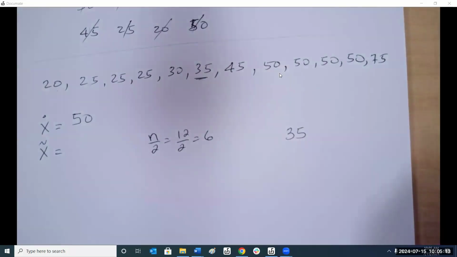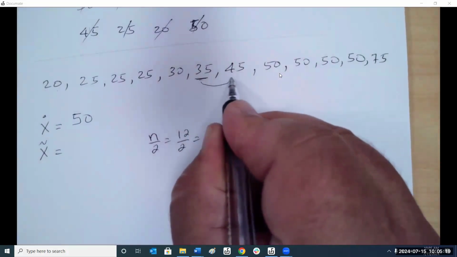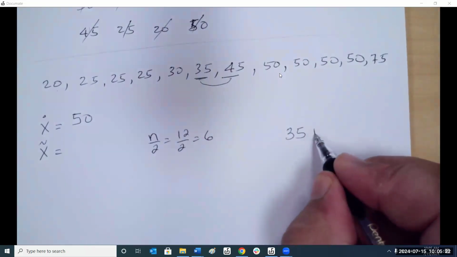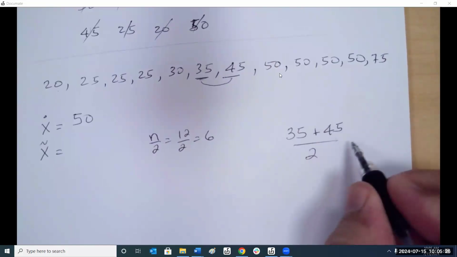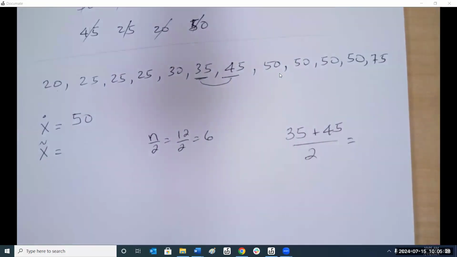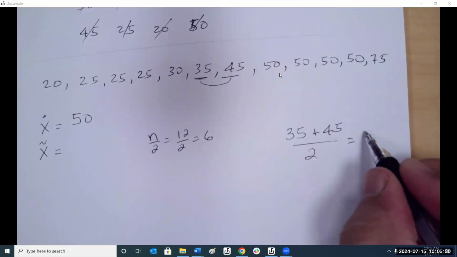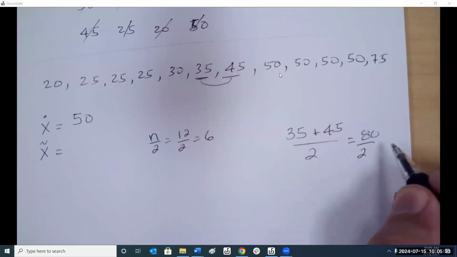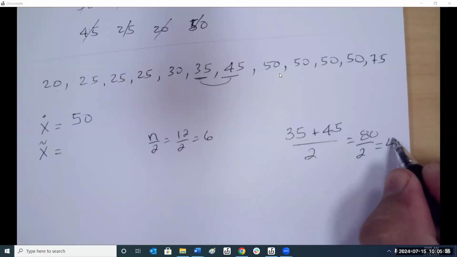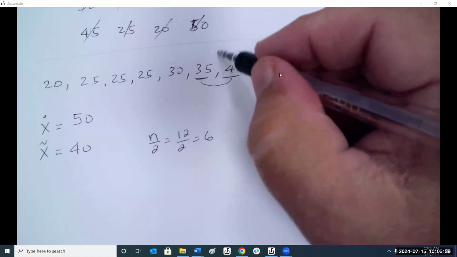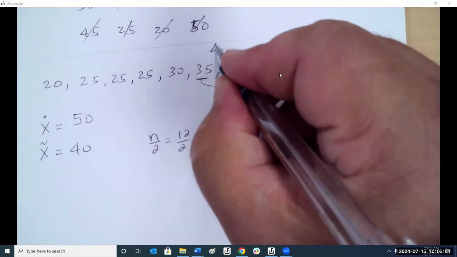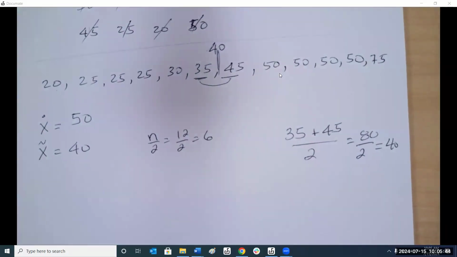Then go to the next one, which is 45. Add them together and divide by 2. So 35 plus 45 is 80, divided by 2 is 40. So the number between 35 and 45 is 40. That's our median.